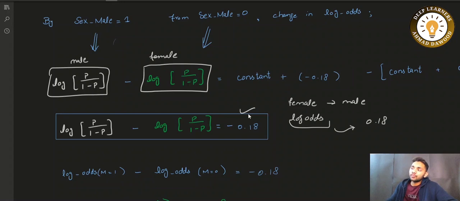Or you can say the probability of being default will decrease when your customer is male.